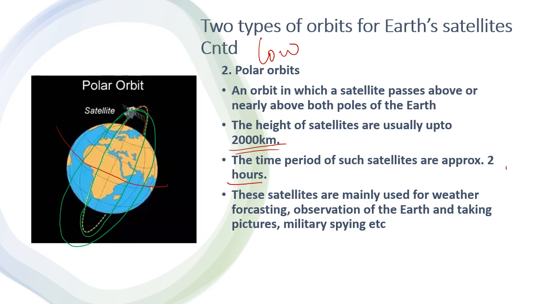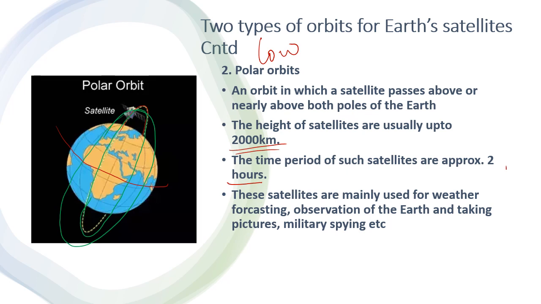Geostationary satellites take 24 hours for one rotation, whereas polar orbits take only 2 hours. Geostationary satellites are used for communication and satellite television, whereas polar orbits are used for weather forecasting, observation of the Earth, military spying, etc. I hope you got the difference between the two types.